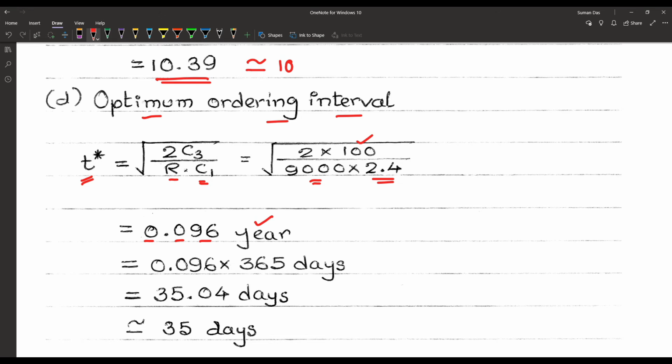We transform it into number of days. One year means 365 days, so 0.096 into 365 days is 35.04 days, or nearly equal to 35 days. In that way we can solve the problem where the demand rate is uniform and the production rate is infinite in the deterministic inventory model.